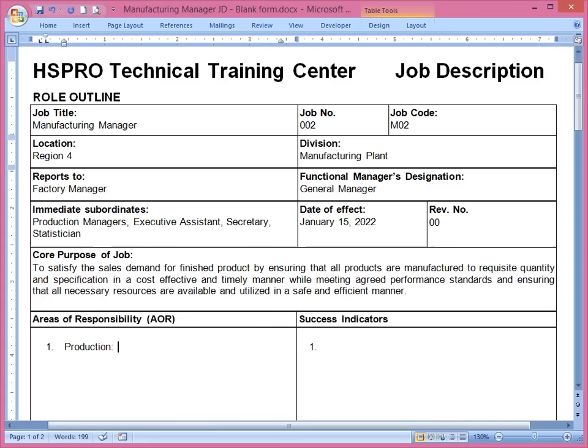So we say maximize. This word is also common in the area of responsibility, maximizing the service to the internal customer.